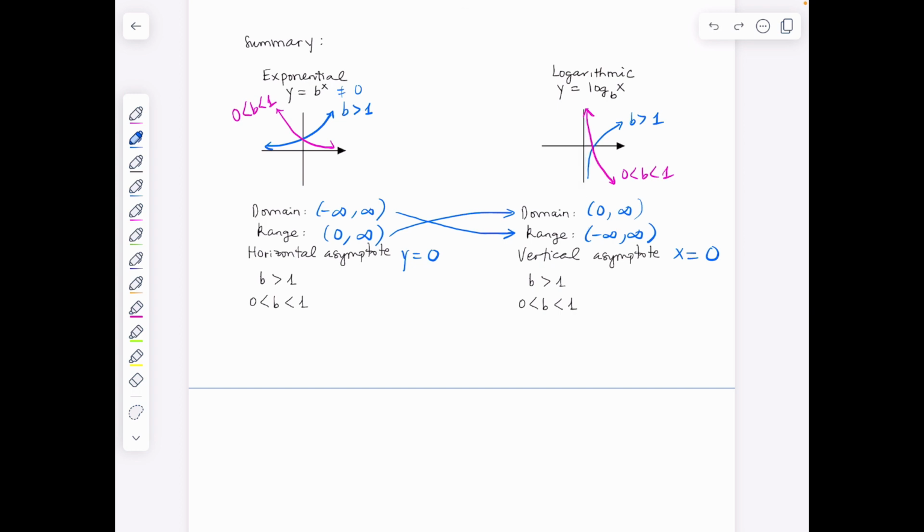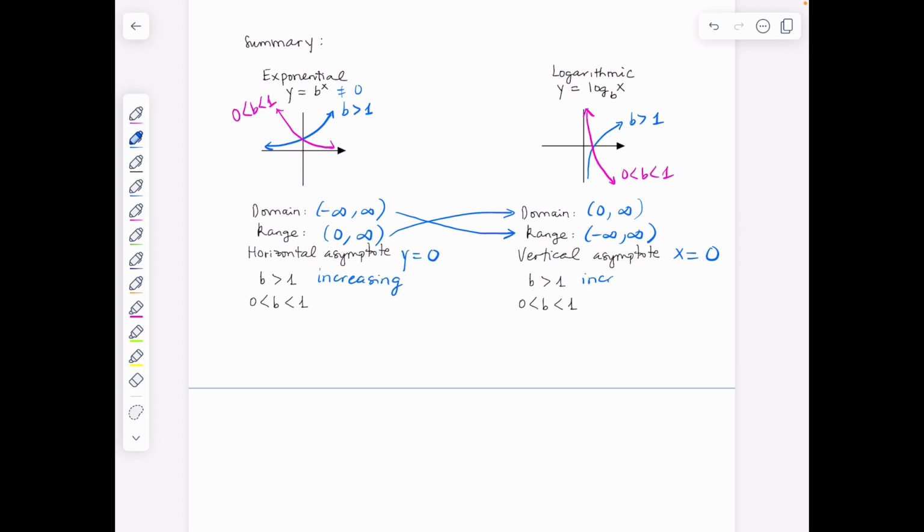When b is greater than 1 in the exponential function, that's the blue graph. Notice that we are experiencing an increasing pattern or growth. And the equivalent blue graph in the logarithmic function, as you can see, also goes up.